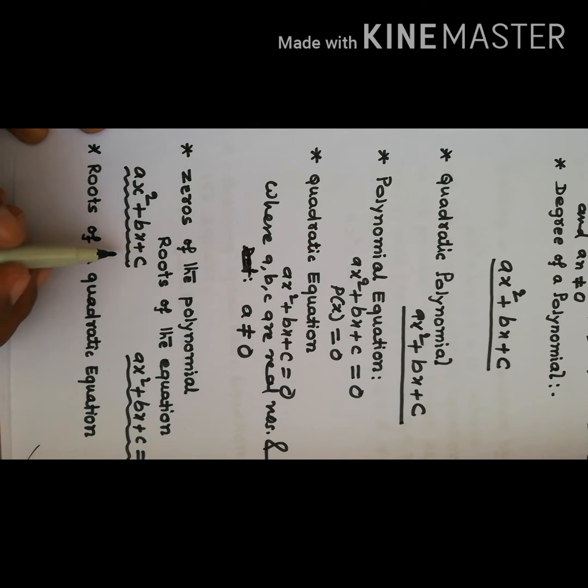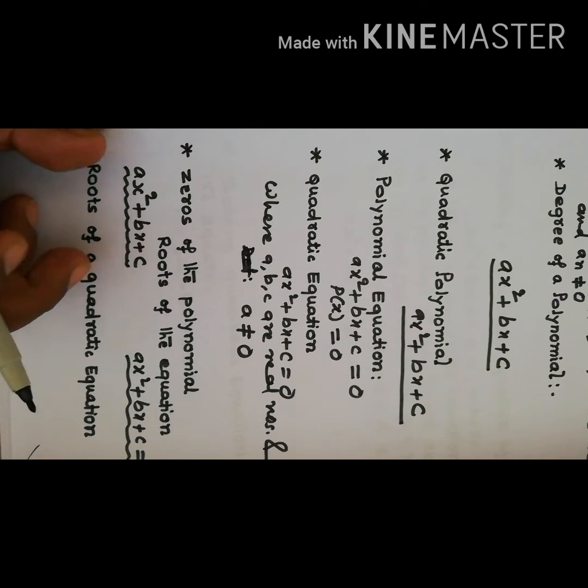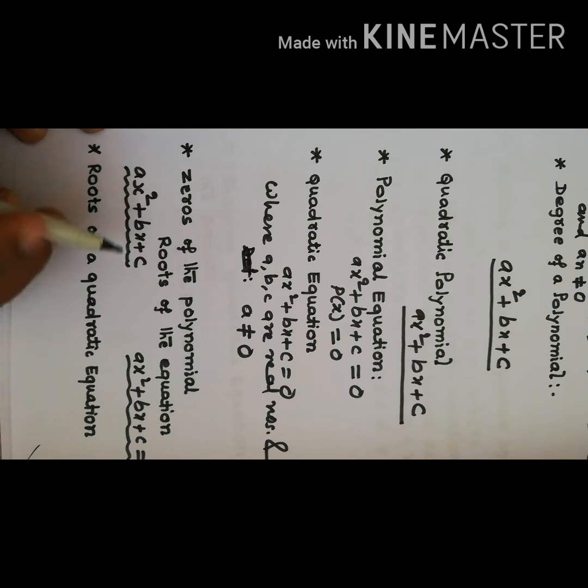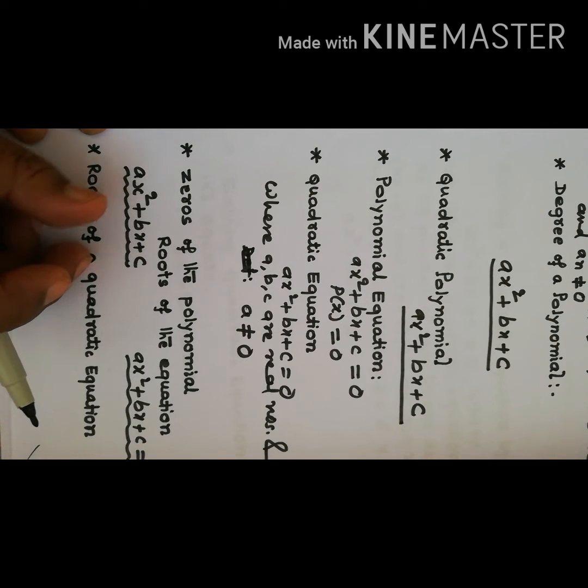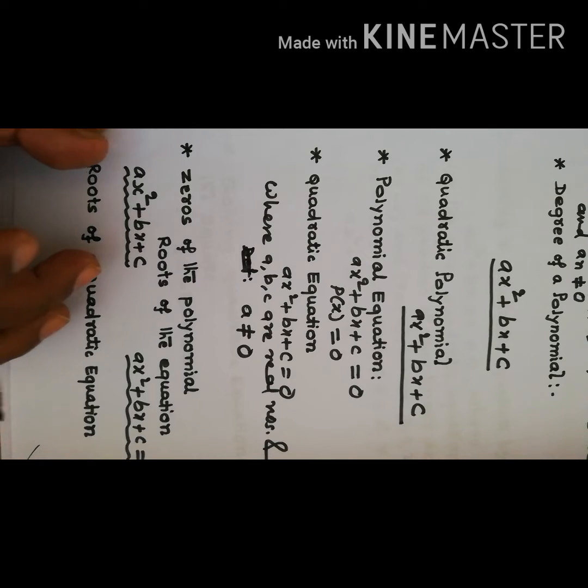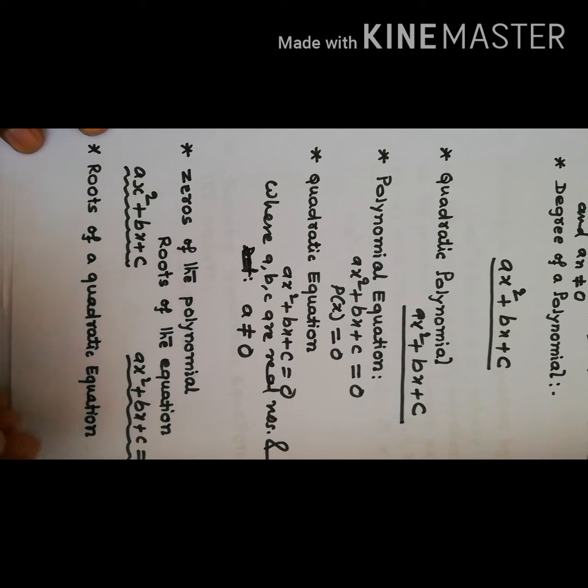Since it is quadratic, definitely there will be two values of x which will make this polynomial 0. Similarly, the value of x which satisfies this equation will be called a root of this equation.